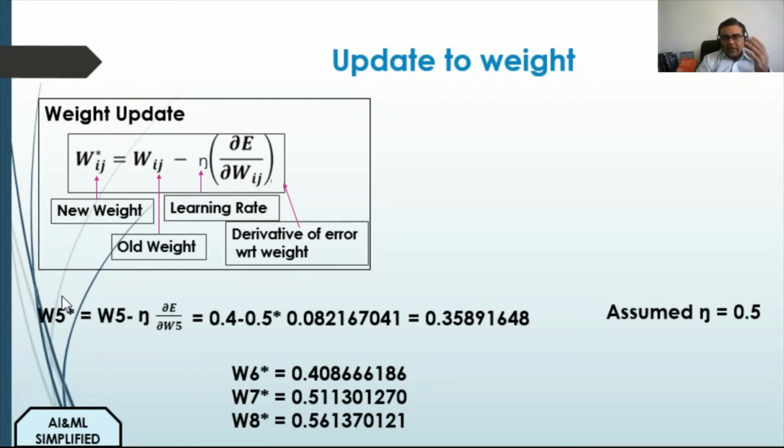So we get W5 star, that is the new weight, by putting in all these values. Earlier the weight was 0.4 and the new weight we get is 0.3589, and similarly we get the updated weights W6, W7, W8 as well.